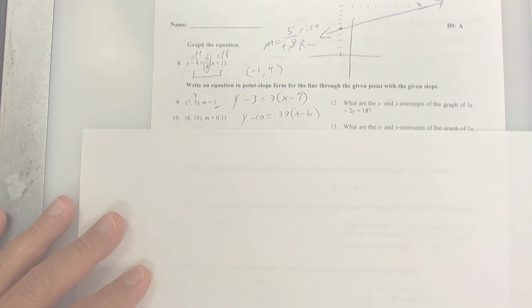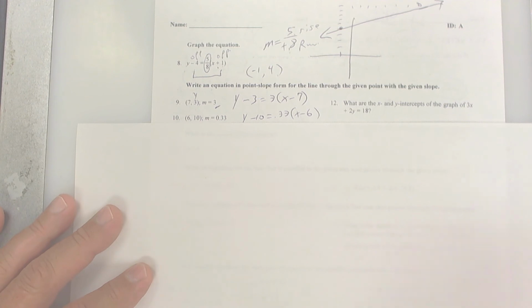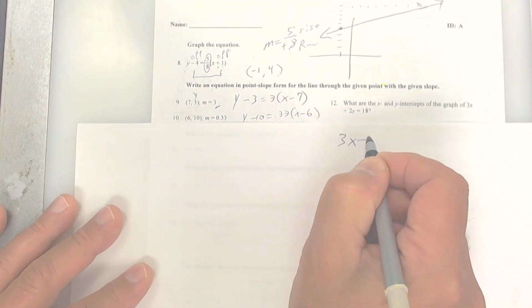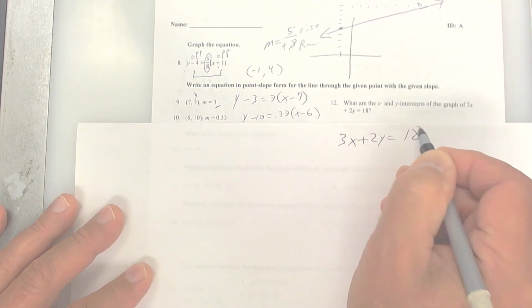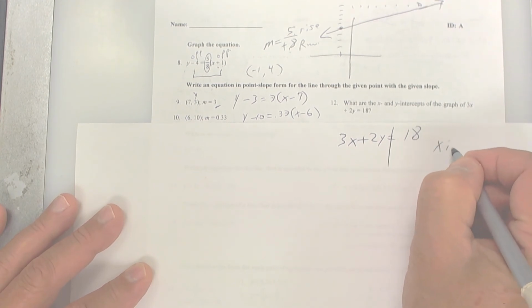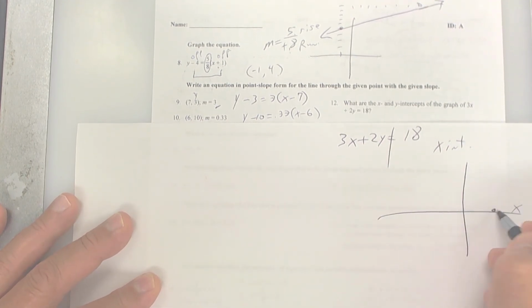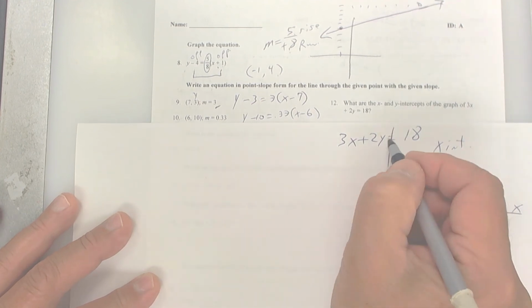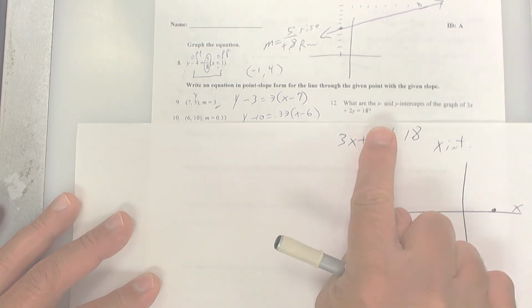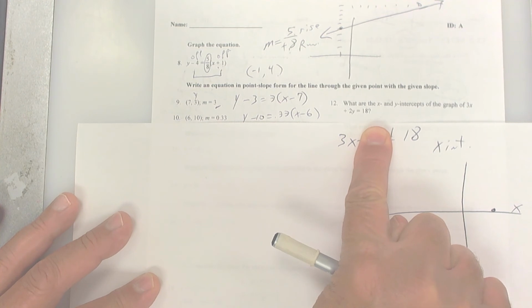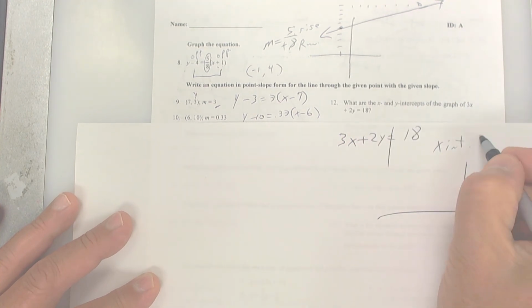Okay. Number 12. What are the x and y intercepts? Okay, so let's write this down. So 3x plus 2y is equal to 18. To find the x-intercept, where it crosses the x-axis, where does it cross the x-axis? You let y equal 0. So you cover this up. So 18 divided by 3 is 6. So the x-intercept is 6.